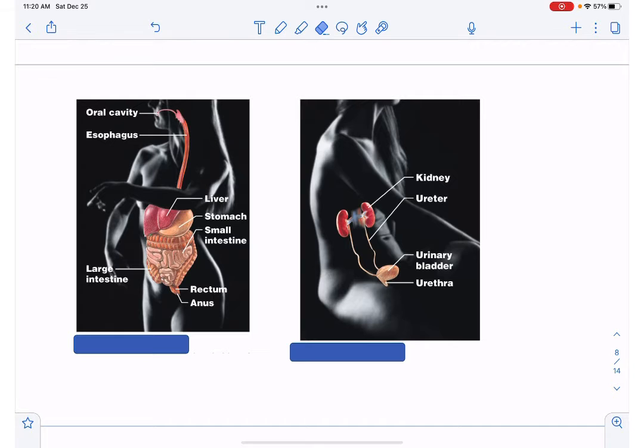The oral cavity, esophagus, which leads down to the stomach, the small and large intestine. The liver is also part of this organ system. This is the digestive system.